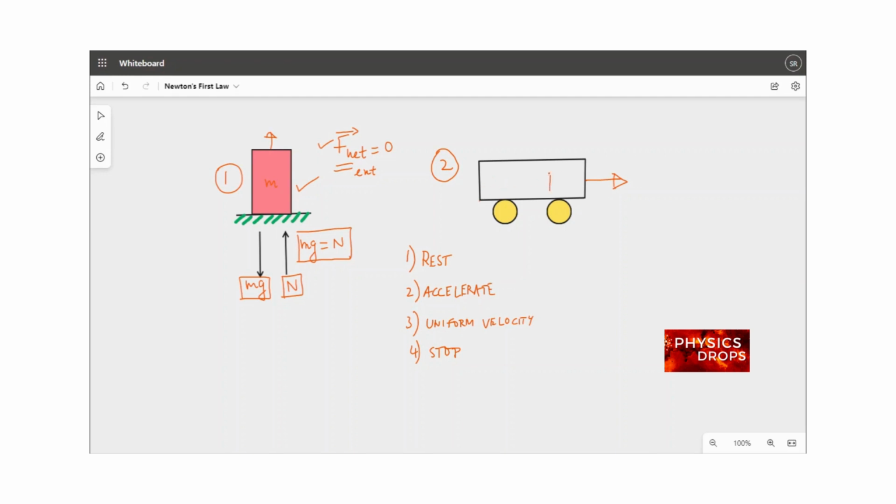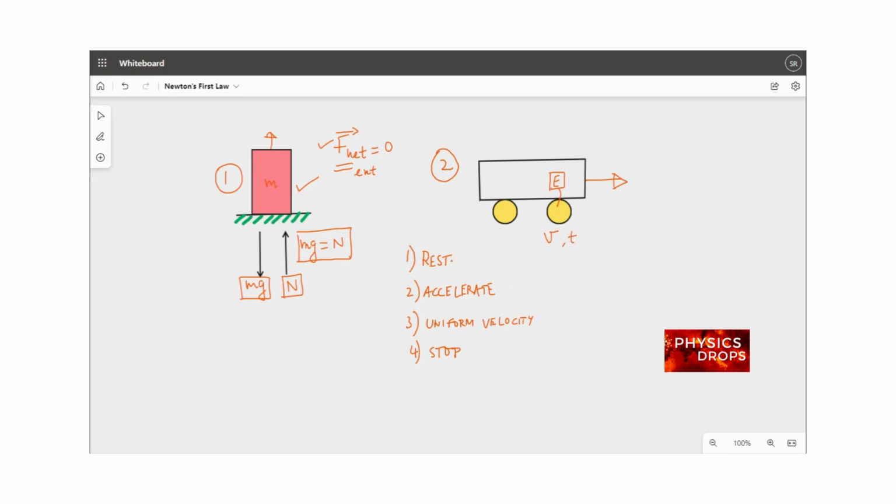So in this case, some force would have acted on the car to make it move. Let's say there is an engine inside the car which is connected to the wheels, and it starts rotating. The rotor is connected to the wheel, and because of that, the car starts moving forward, or rather accelerating. Initially it's at rest and it increases in velocity, and let's say it attains a velocity v in time t.